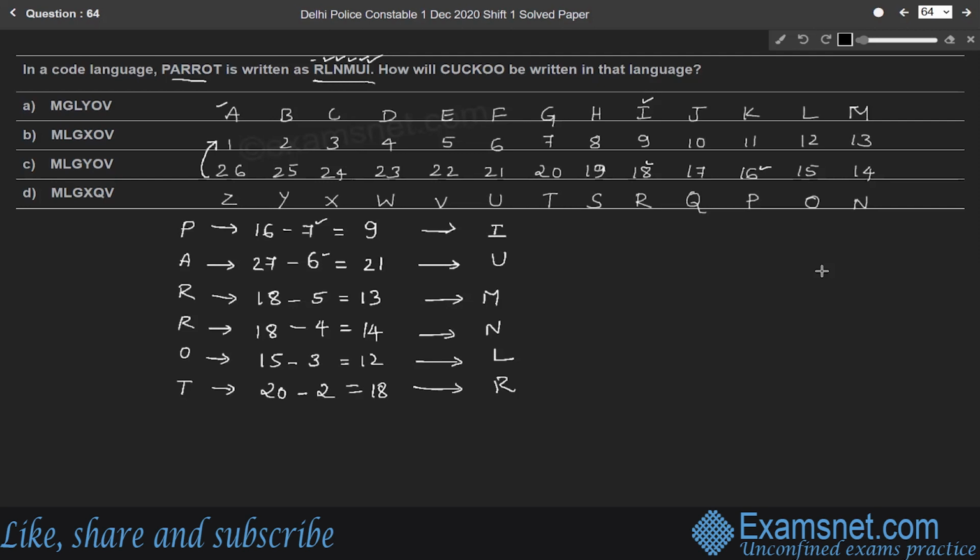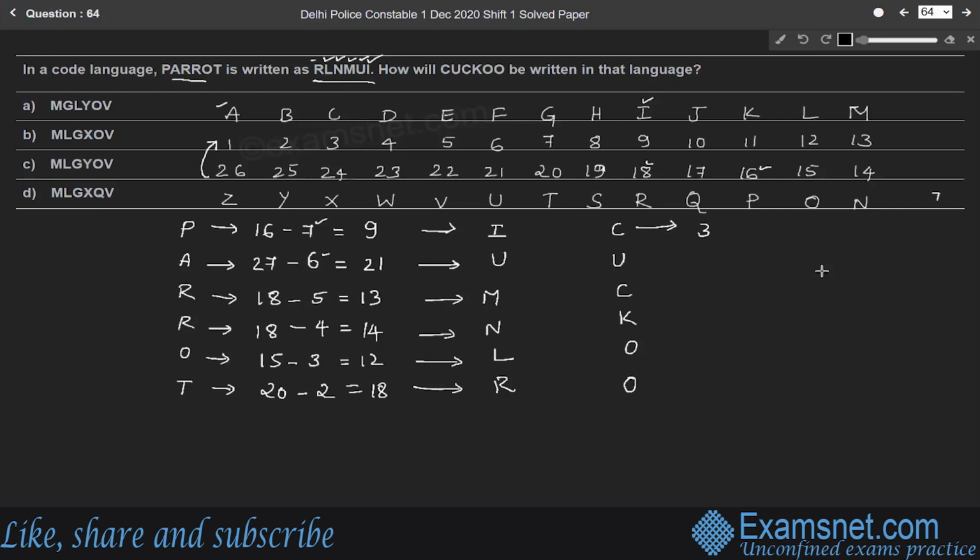So it is coded as RLNMUI. Right? So similarly, cuckoo can be written as CUCKOO. So here positional value of C is 3. So instead of 3, we can write 26 plus 3 because we are subtracting the number 7 here.